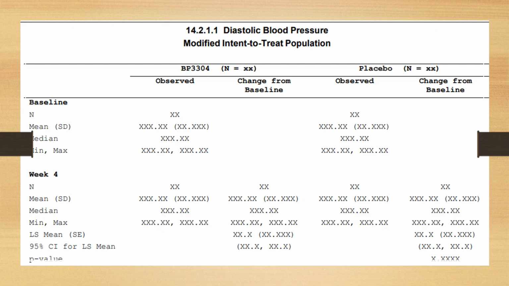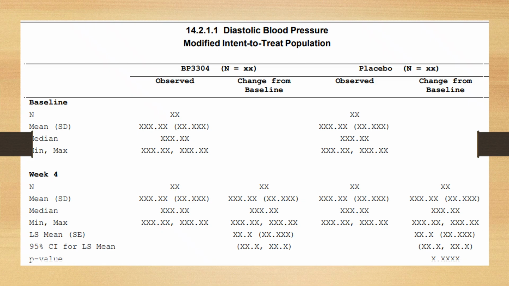But for the change from baseline, we want to have it for each post baseline record. So in this case, we have to derive the change from baseline for each post baseline record irrespective of the PARAMCD we are talking about here.